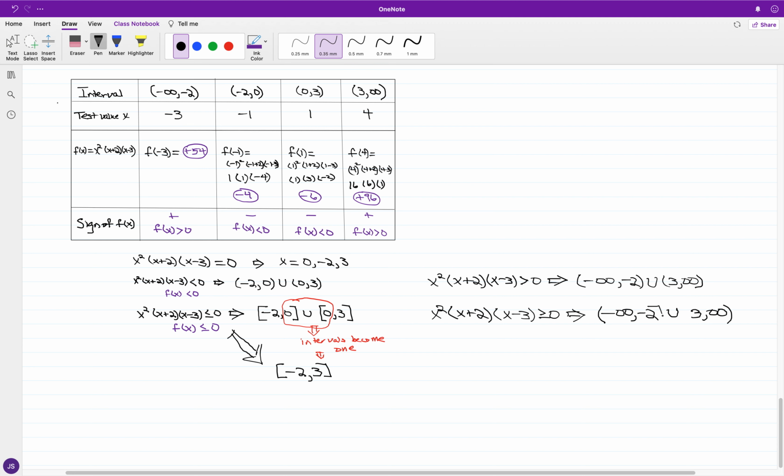So negative 2 is going to be bracketed, 3 likewise, and there were no consecutive intervals that could be linked together, as was the case with negative 2 to 0 as well as 0 to 3. Since 0 was the tie that managed to bind, we were able to unite these separate sections into one. So the less than or equal to 0 part was kind of unique among these 4 inequality statements. And just taking what we have as a little bit of an overview.